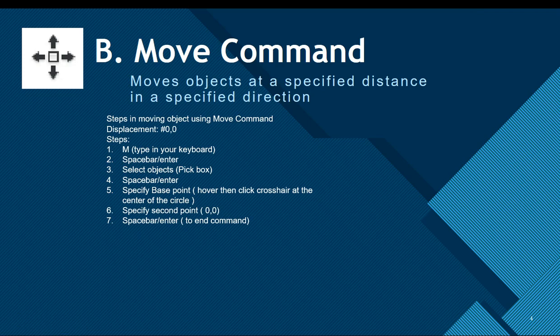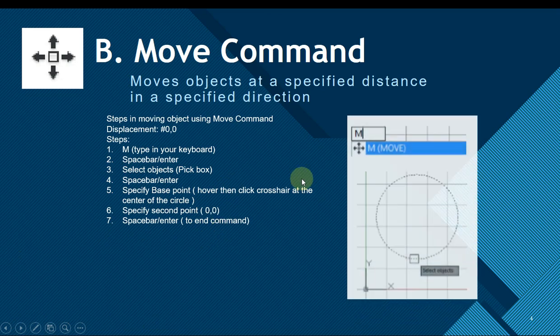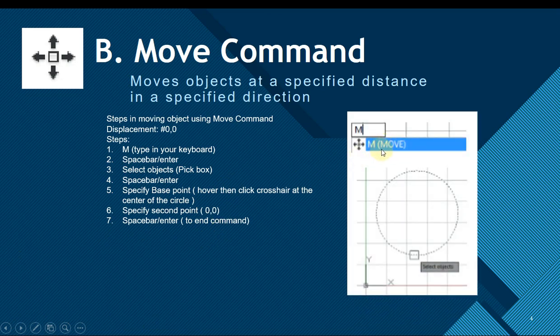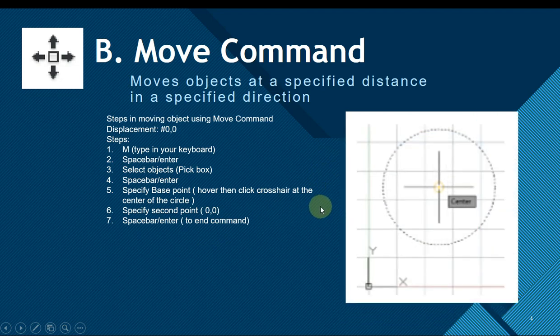Let's try this. So the first thing you're going to do is type M, that is move, then enter. Then magkaroon ulit ng pick box. Then you're going to choose the object. After you choose the object, the AutoCAD will ask you to give a specific base point, where you can choose the center of the circle or the outside of the circle.